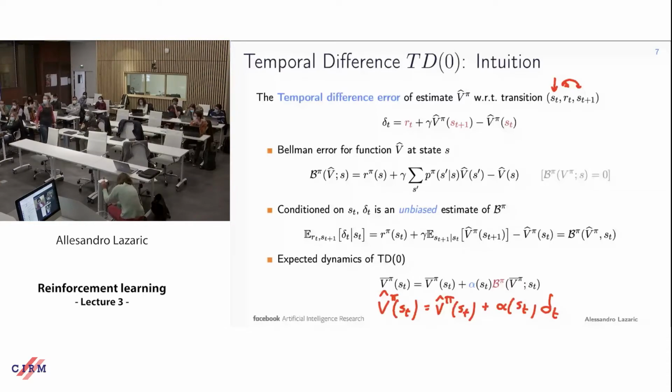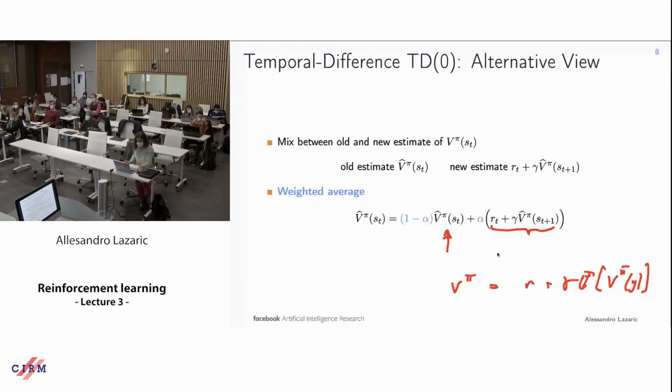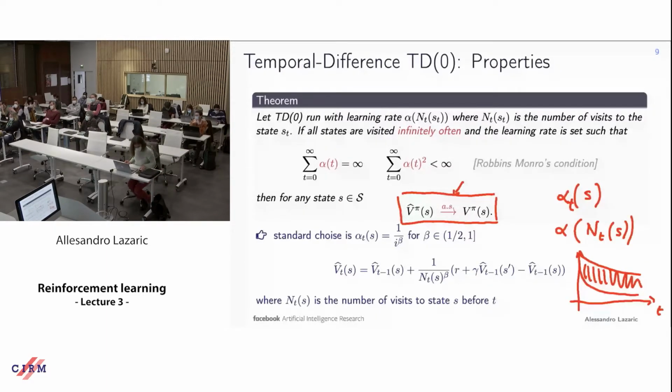Maybe you mentioned, but I didn't hear. Is there a good strategy for choosing alpha or updating alpha through the iterations? Yeah, so as far as we are concerned in the exact tabular case, finite number of states, and so on, most of the time we will be storing the number of times we visited that state.